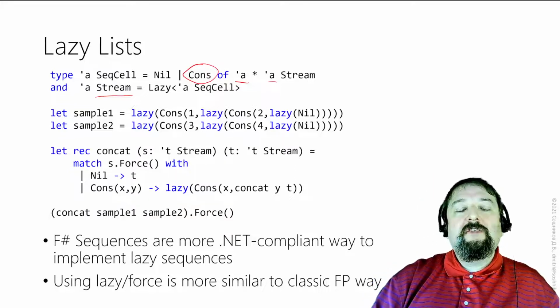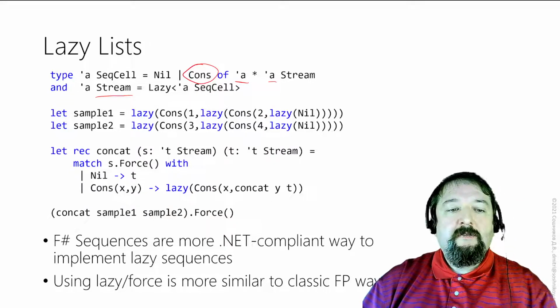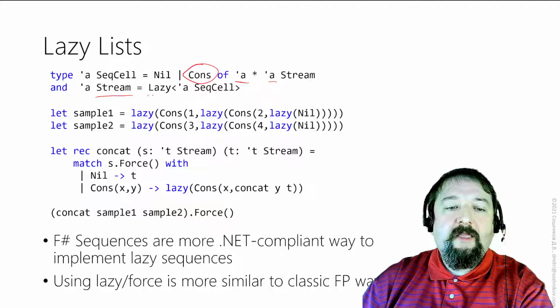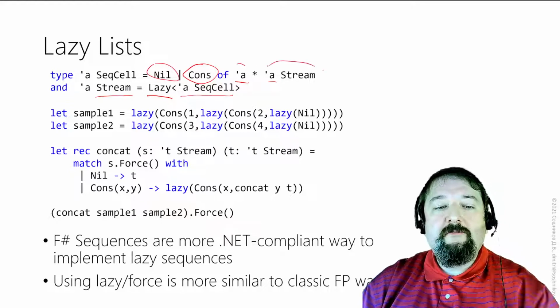But here each cell would not be of type a times a list, but the type of a lazy cell. So the stream would be the lazy value of a cell, and the cell would be either nil or cons of a and a stream.